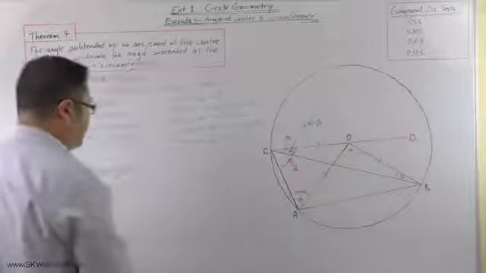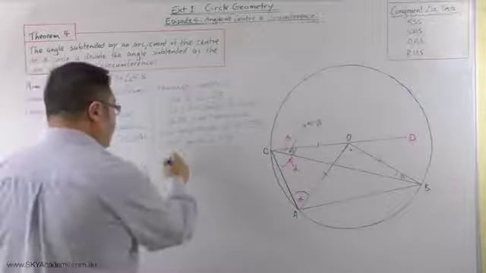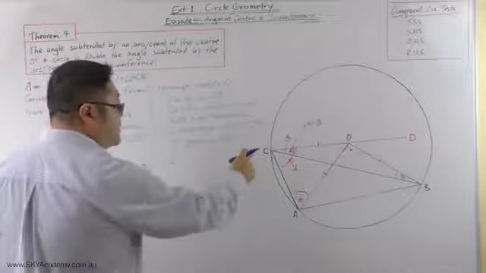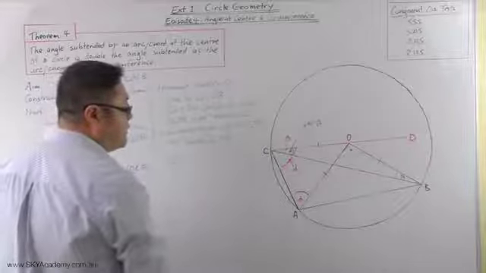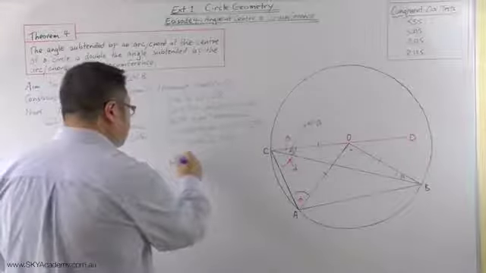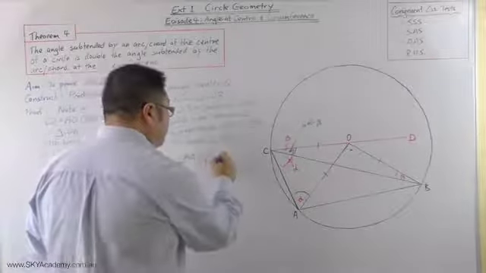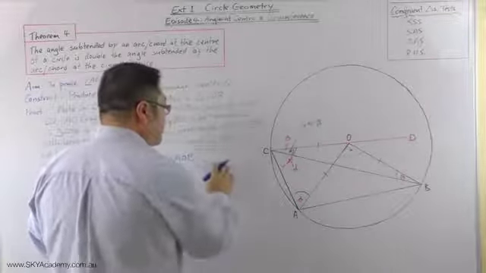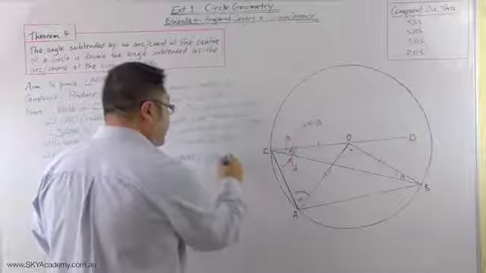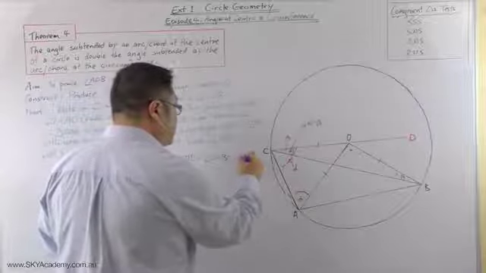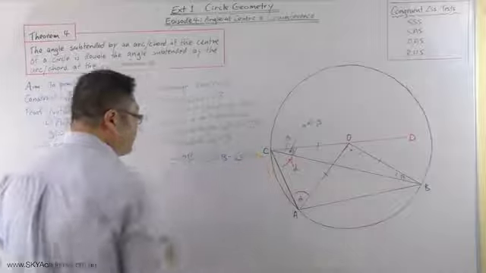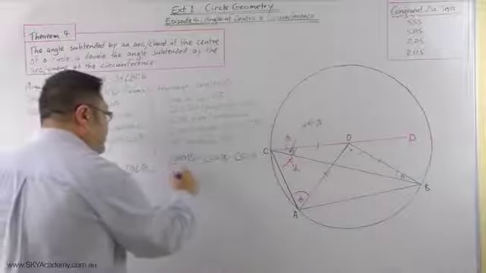Can you see that angle? What is it? AOB is going to be angle COB minus angle COA. Does that make sense? And that's going to be the same thing, adjacent angles.